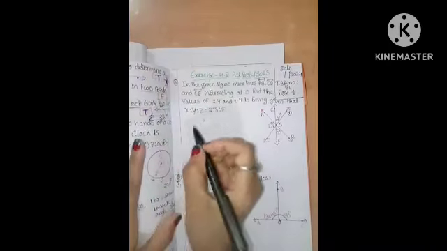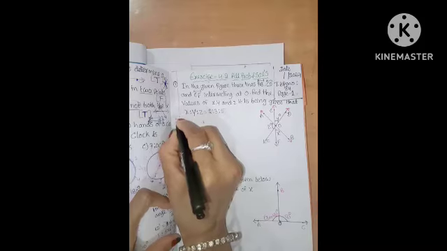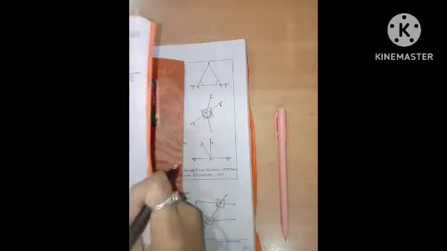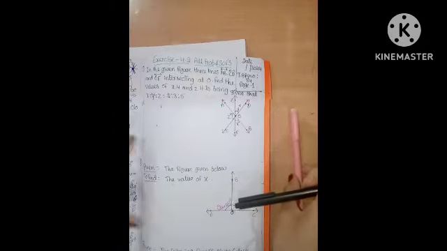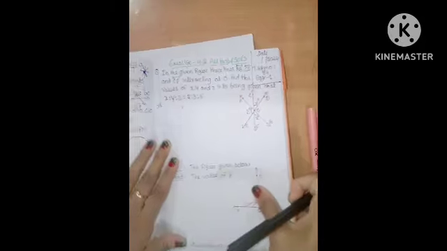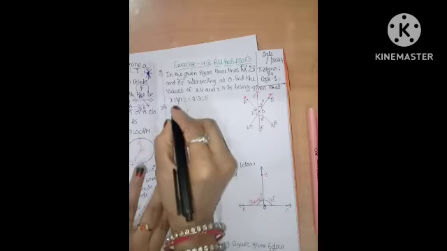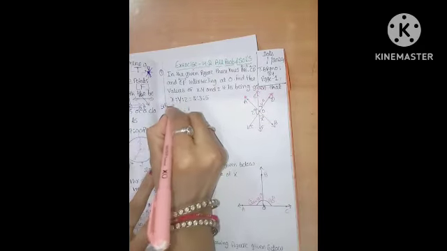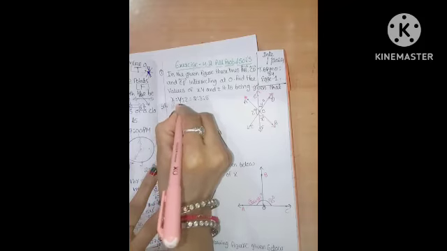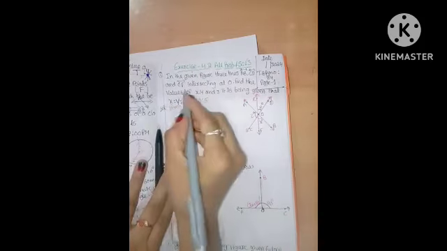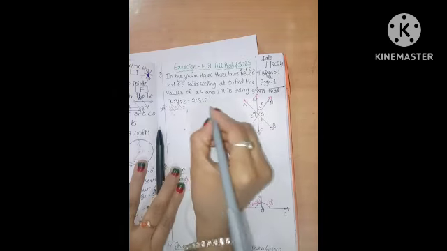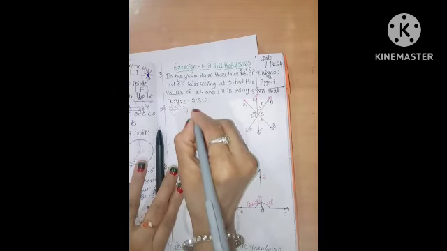First, the solution for this problem. Given: the ratio is given. To find: the values of x, y, z. How to write the given data in our problem?